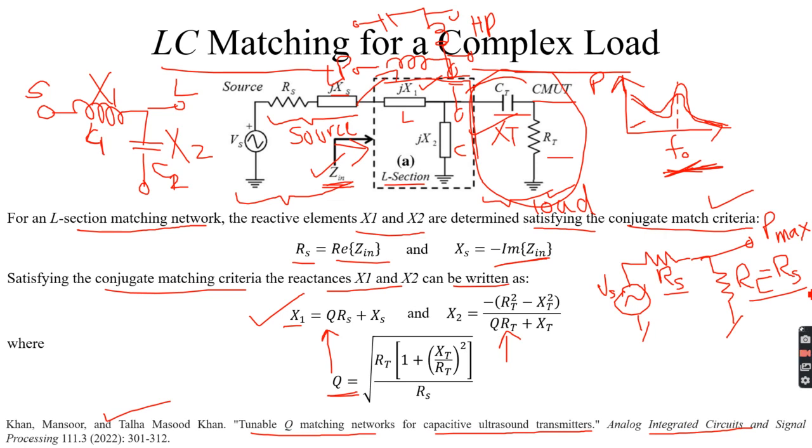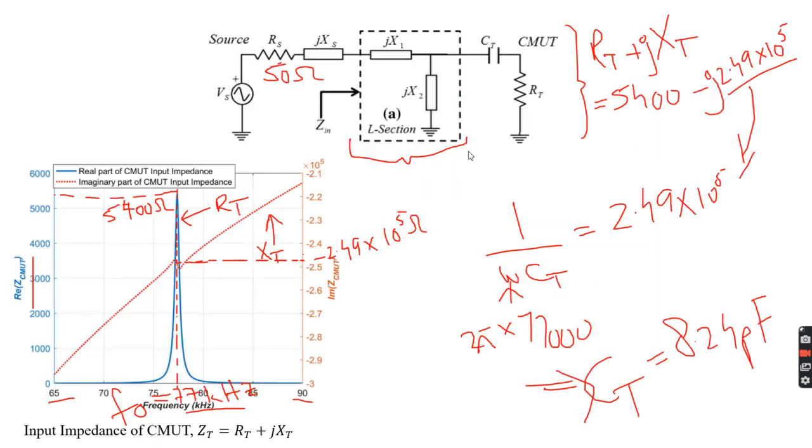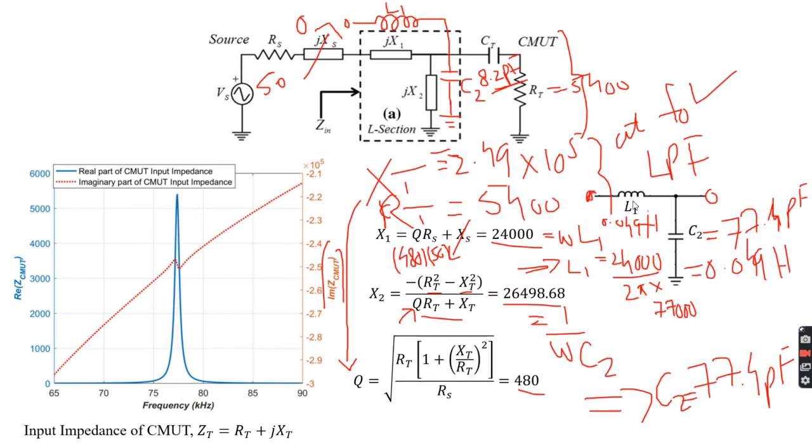So do I have this? So all I need to do is to look at what Z in looks like now. Okay, so if I have these components L and C, or X1 and X2, so if I plug this over here, C2 is 77.4 picofarads, and for X1, we have an inductor which corresponds to 0.049 henries at 77 kilohertz.